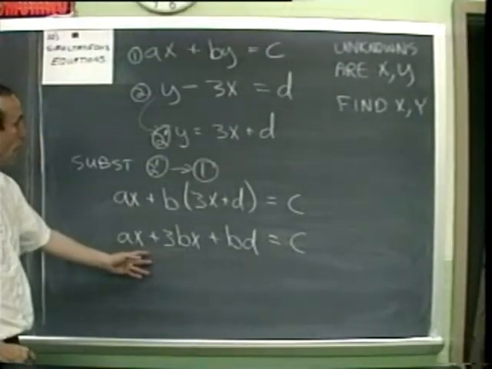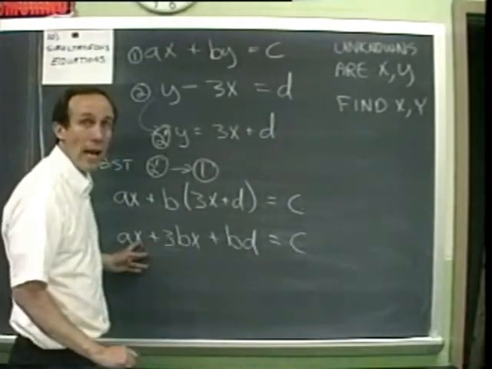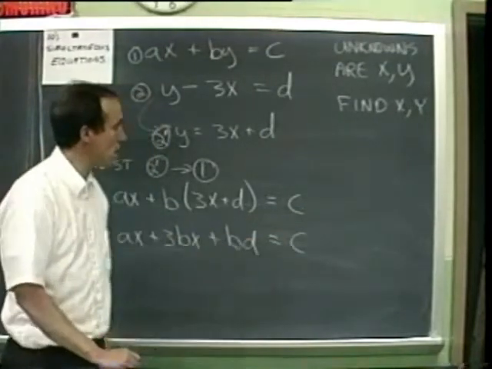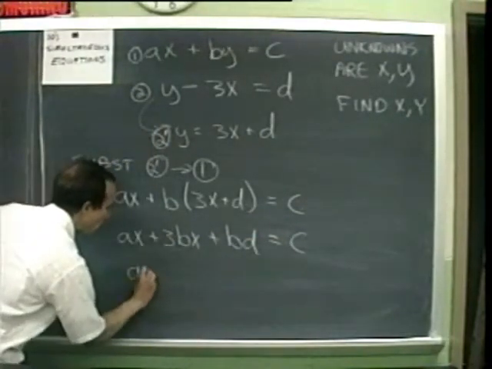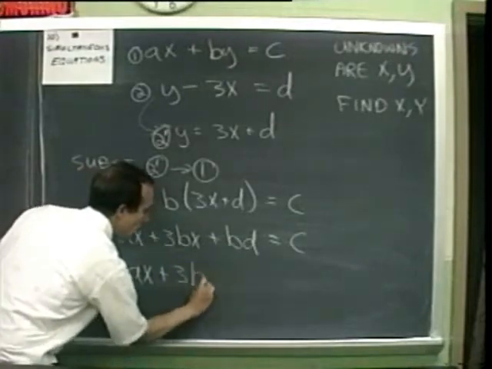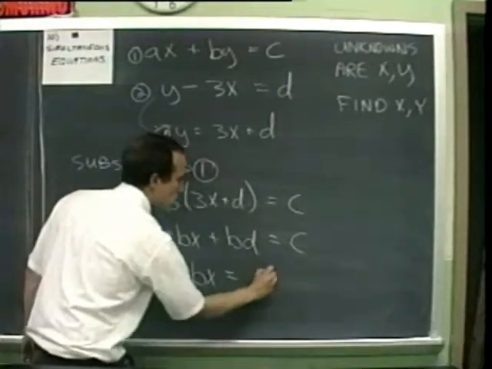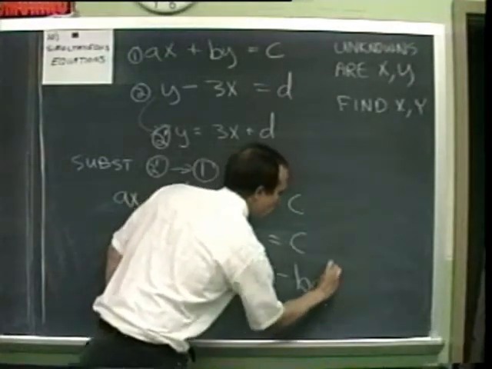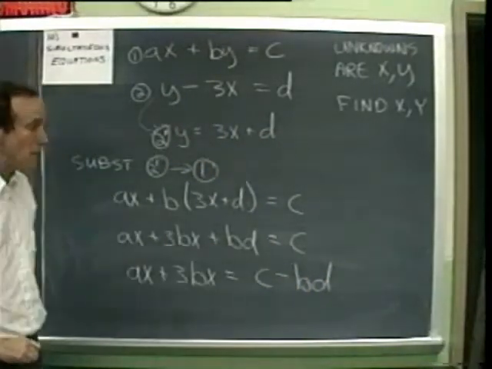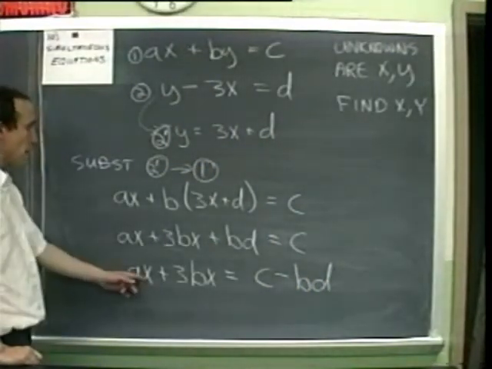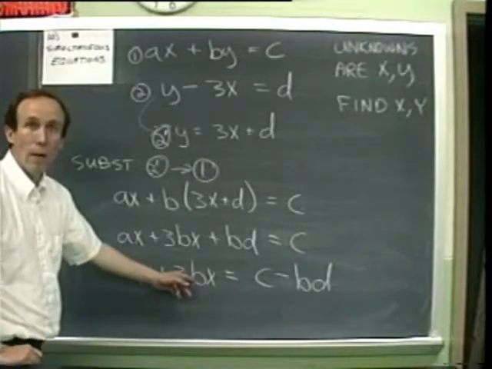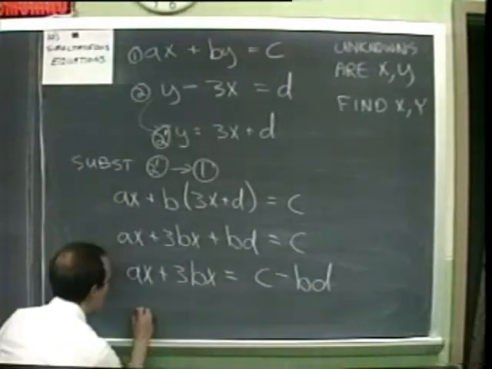Solve that equation for x. I want to get all the stuff that has an x in it on this side, all the stuff that doesn't on that side. So I get ax plus 3bx is equal to c minus bd by subtracting bd from both sides. Now let's factor out the x. Every term here has an x in it, so I can factor it out.